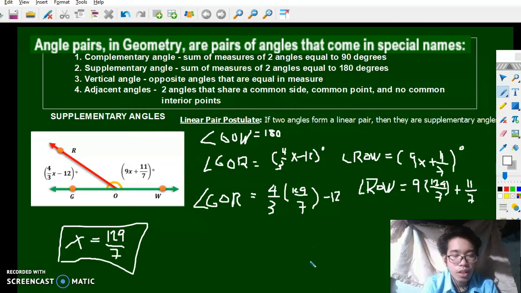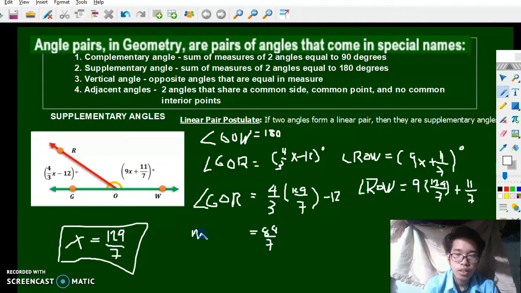We can get it now by multiplying. That's 4/3 times 129 over 7, which is the value of x, and then you subtract 12 from the answer, and you get 88 over 7. So the measurement of angle GOR is equal to 88 over 7.